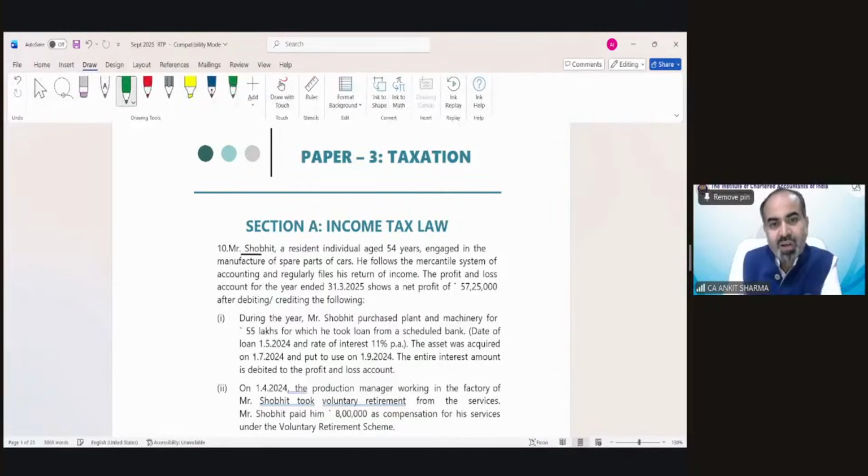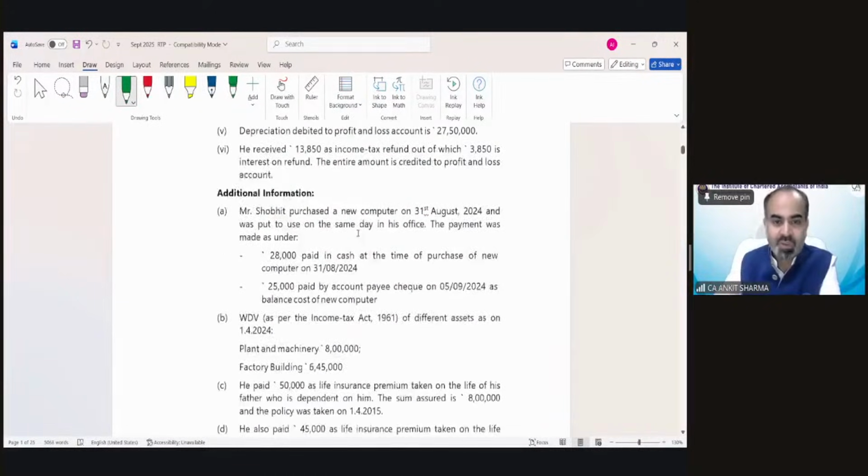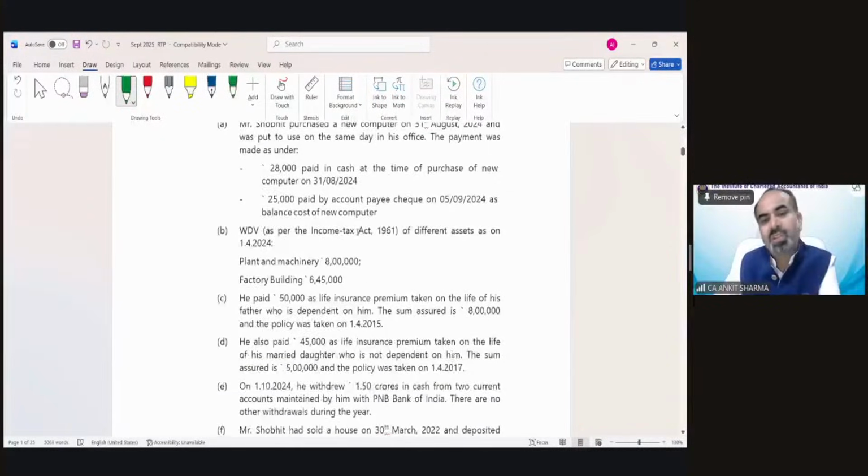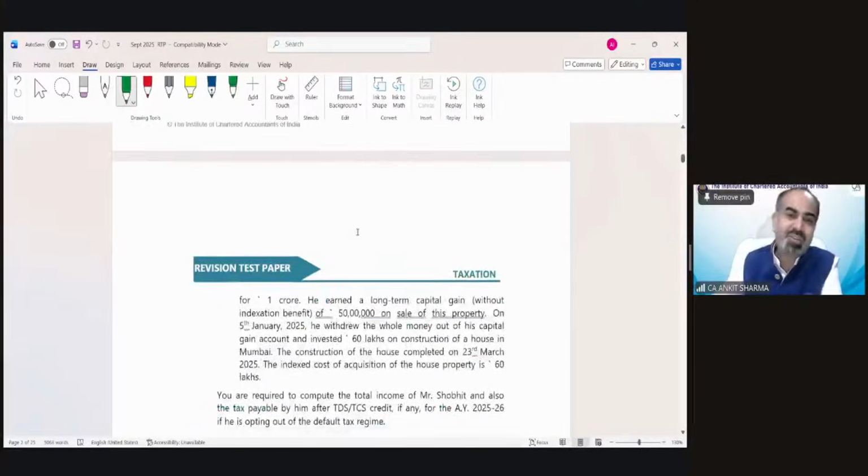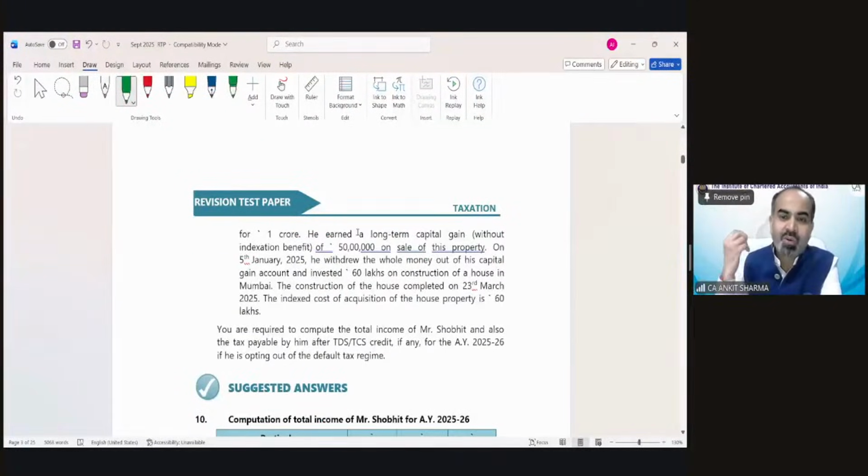Mr. Shobhit, a resident. Okay, so first of all, what do I need to do? I need to see what is the requirement of the question. I'm trying to solve this as a student, because I could solve the question from the start without even knowing the requirement. But as a student, you should first identify the requirement as per the question.